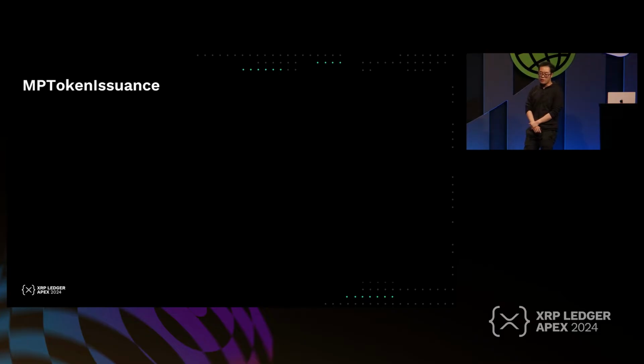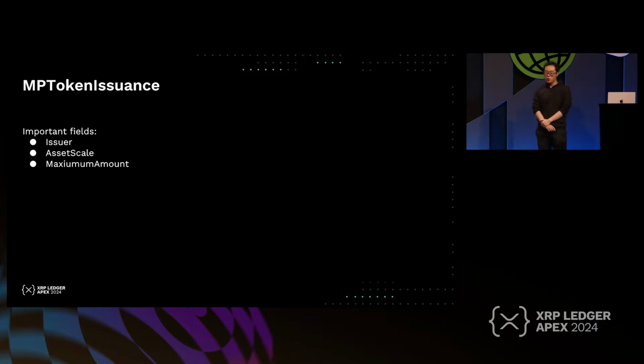Now we're going to dive deeper and explore what the MP token issuance object can store. The MP token issuance is the central object that stores the data about the issued token. So it contains the following fields. Issuer is the issuer of the token. Asset scale is the number of decimal places that the token can be fractionalized to.